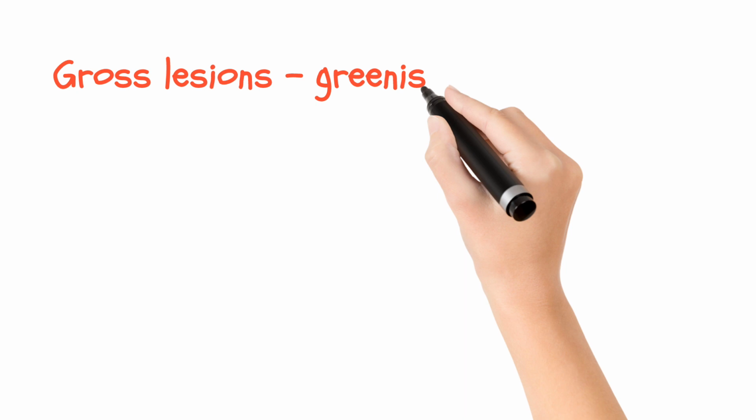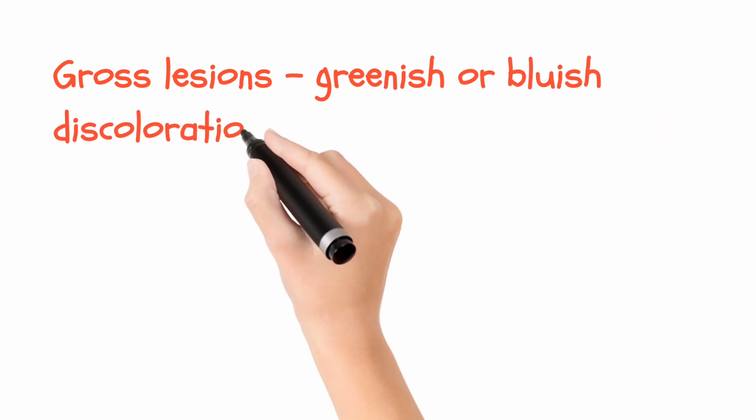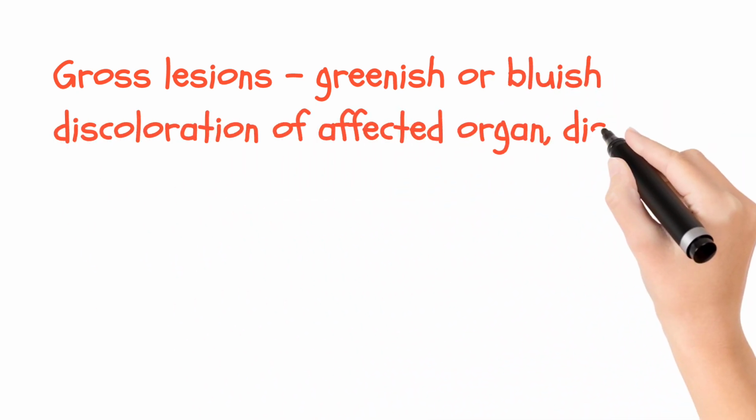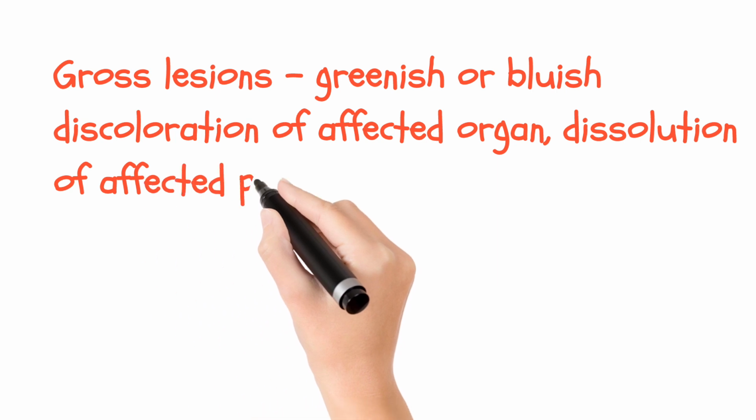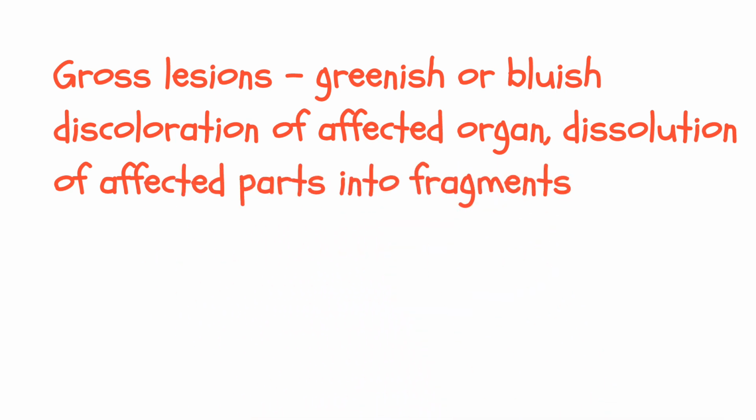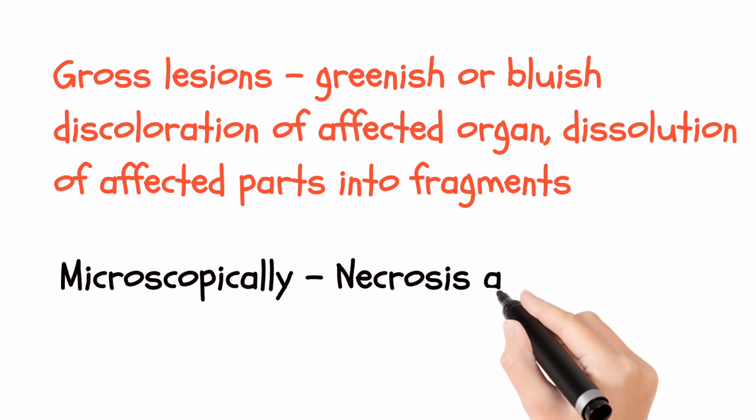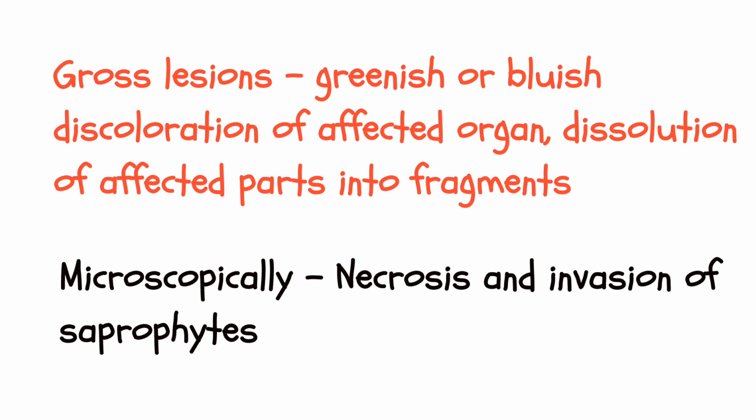So grossly, when you look at the affected tissue or organ, it appears greenish or bluish in color, and there is also dissolution of affected parts into fragments, and then most times you see a foreign material. Microscopically, there is necrosis and invasion of saprophytes.